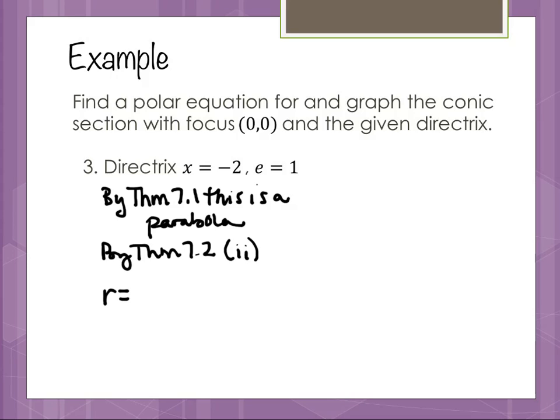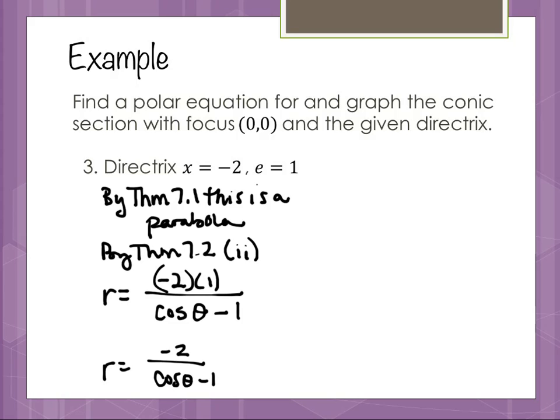So r equals our -2 times our 1 for the eccentricity, the d value on the top. What's going to go in the denominator? It's cosine theta then, and it's -1. Is that right? Yeah. So this is r equals -2 over cosine of theta minus 1.